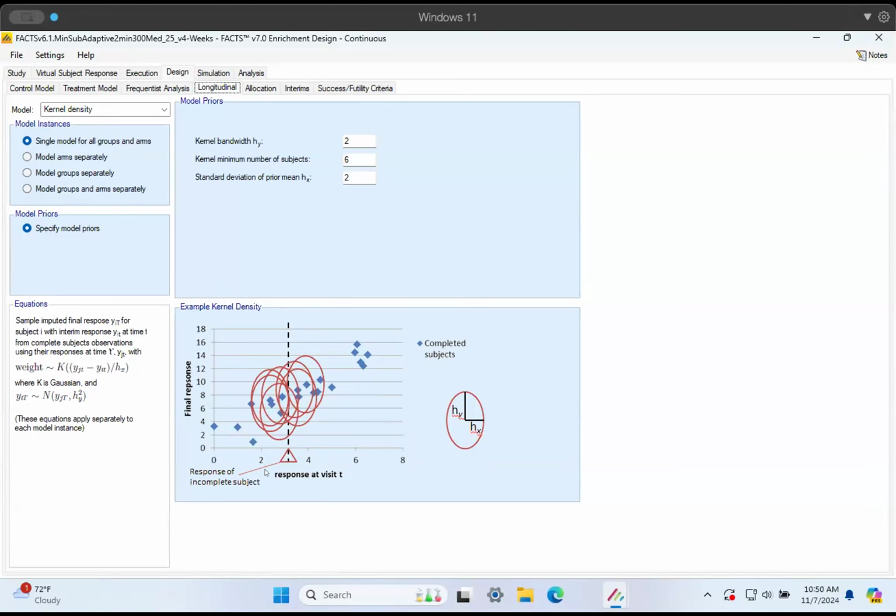If we have a subject with an early response, let's say exactly at this triangle with the dotted line, the model assigns probability to each of the points here, which are patients who have observed both early and final responses. It asks which of these points is most likely to be close to where I'm at on the x-axis.